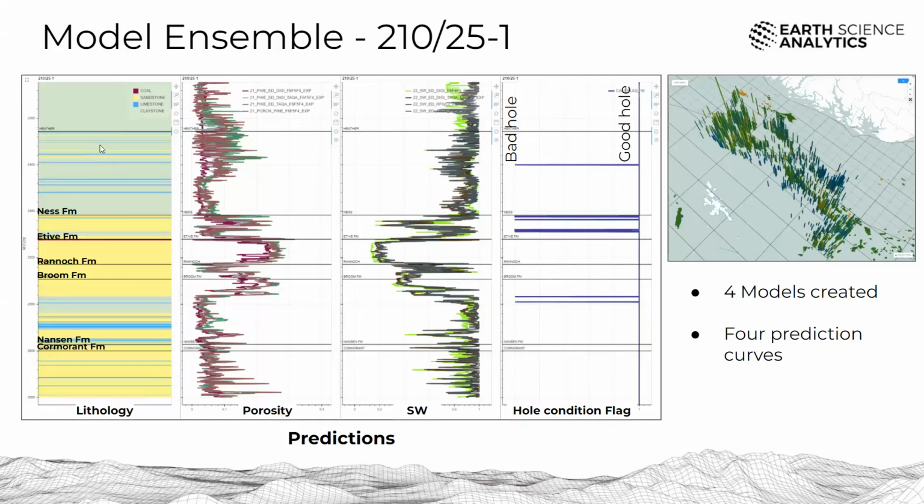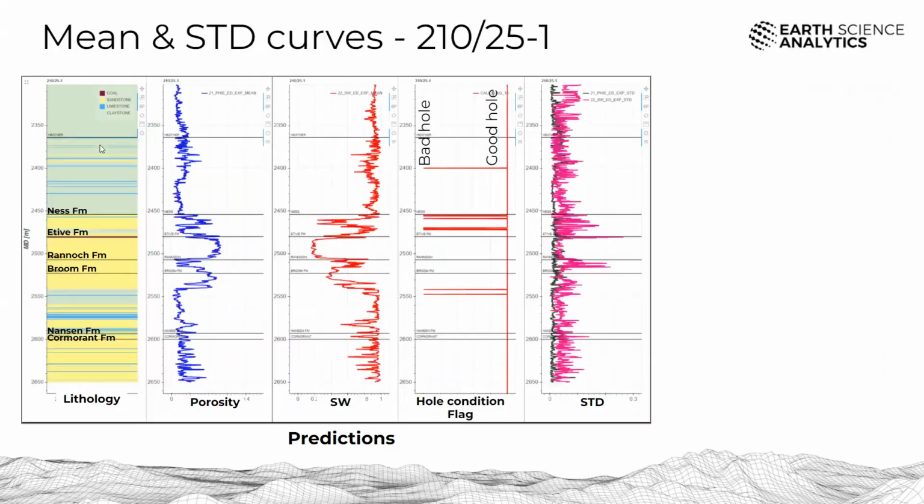We also predicted lithology, and we used majority voting in that place to get an idea as to the lithology present. But with the porosity and water saturation, what we did was sum these up to give a mean and a standard deviation.